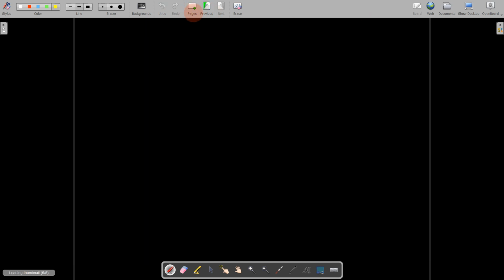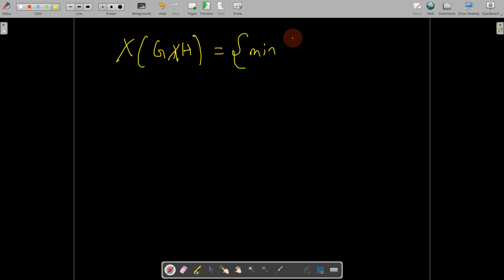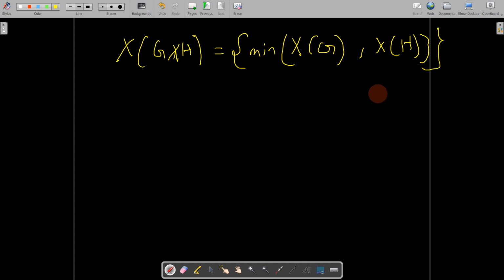So we will write in mathematics terms now. The conjecture says that the chromatic number of G cross H, the tensor graph, is equal to the minimum of chromatic number of G, comma, chromatic number of graph H. So whichever graph has the minimum chromatic number.